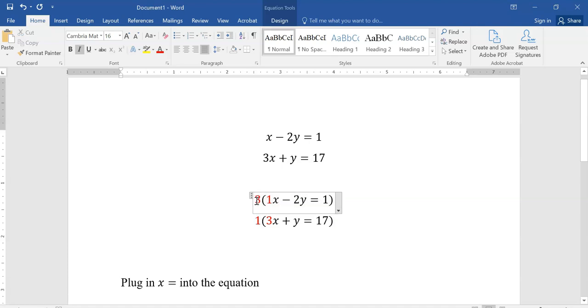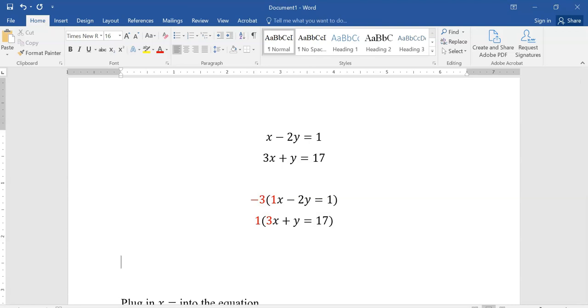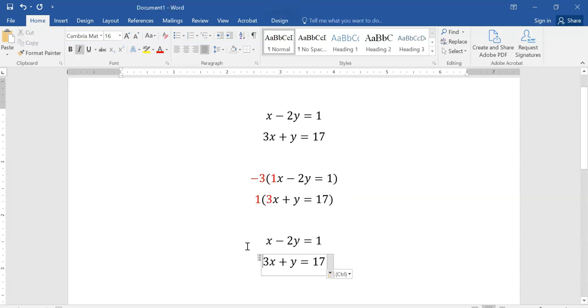I can either change this positive 3 to a negative 3, or I can change the positive 1 to a negative 1. Again, that's so that I get one negative value and one positive when I multiply through. Negative value as the coefficient of my x, and positive value as the coefficient of my x. So I'm going to do the negative 3 and a positive 1.